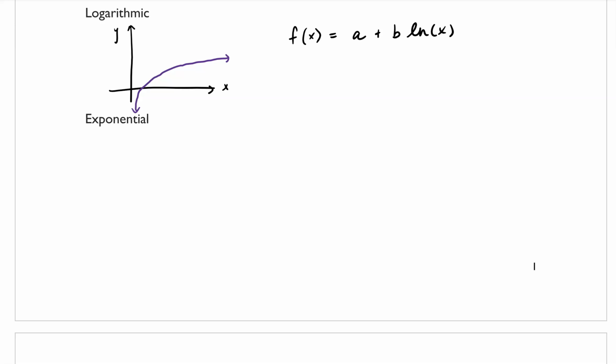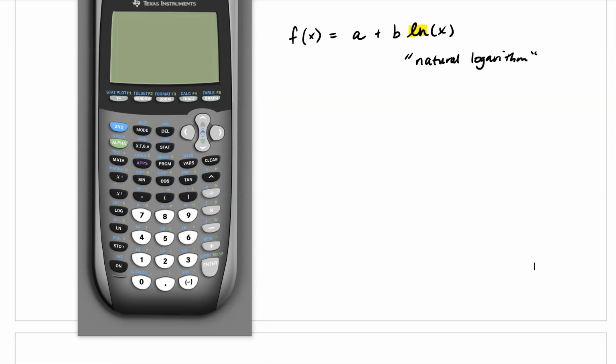So notice here I have ln in cursive, and all that means is the natural logarithm. If you open a calculator, the natural log button, at least on this TI here, is to the left of the 4 button.